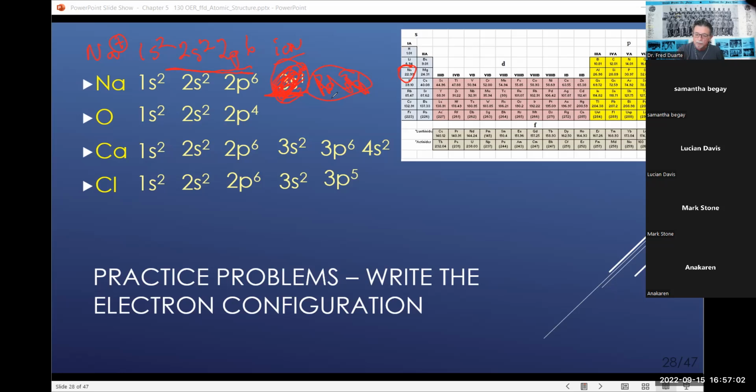Now, take it one step more. When I compare the sodium ion with the sodium, let me restate that. When I compare the radius, the size of the sodium element with respect to the sodium ion, which would you predict to be bigger, the element or the ion?